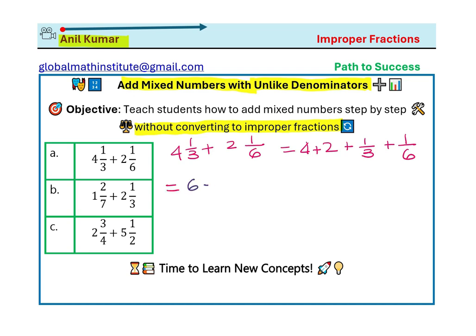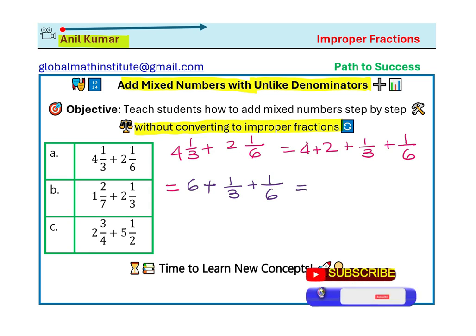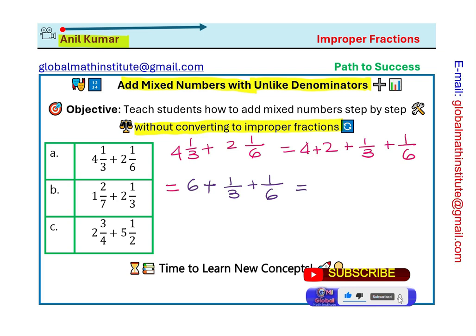So we have 6 plus 1/3 plus 1/6. Do you see how we have just added the whole numbers and now we are going to add the fractions? That is what a mixed number is. Now, 1/3 and 1/6, we have to look for a common denominator, which is of course 6, because 6 is a multiple of 3.